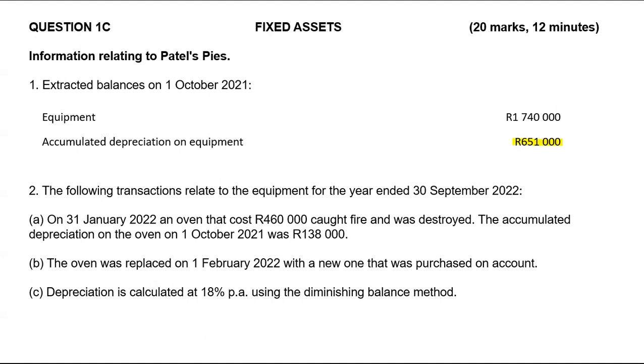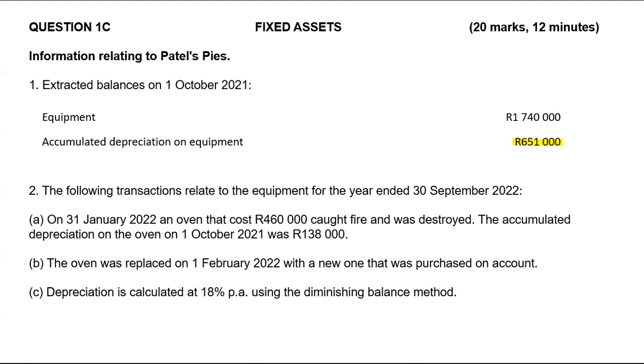Then they say in B, the oven was replaced on the 1st of February with a new one that was purchased on account. So we purchased a new oven. Will that new oven have accumulated depreciation? No, no, no. It can't have accumulated depreciation.